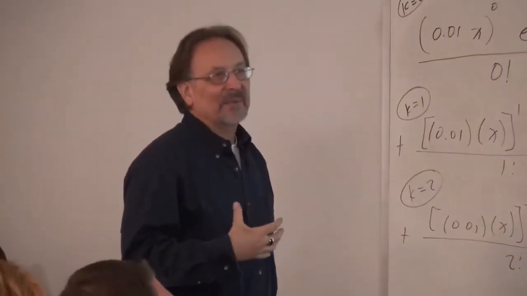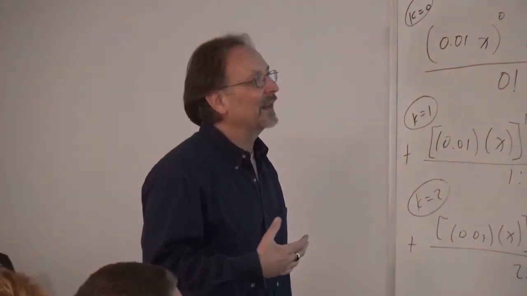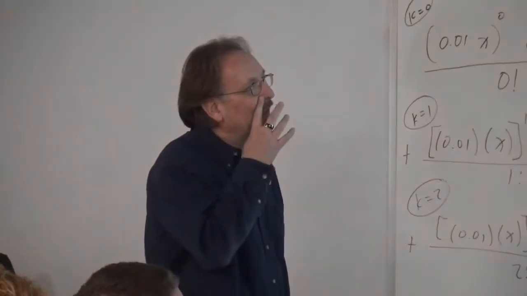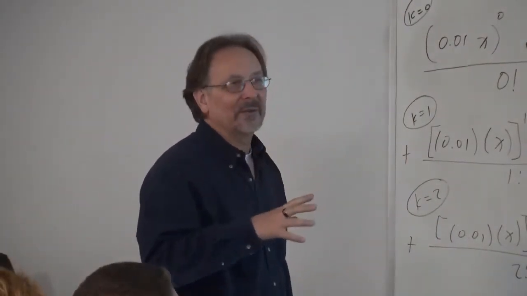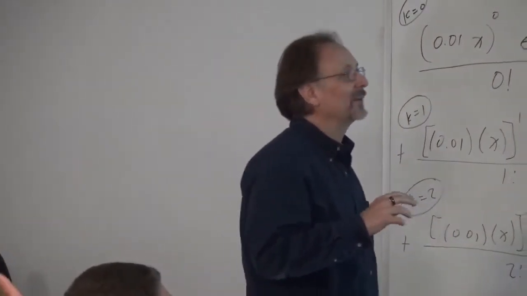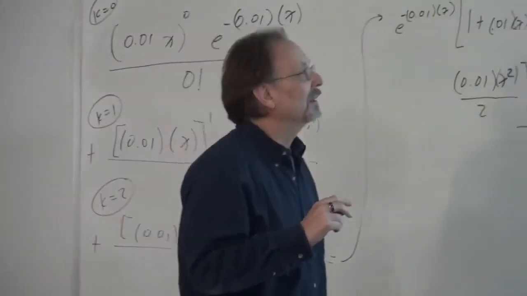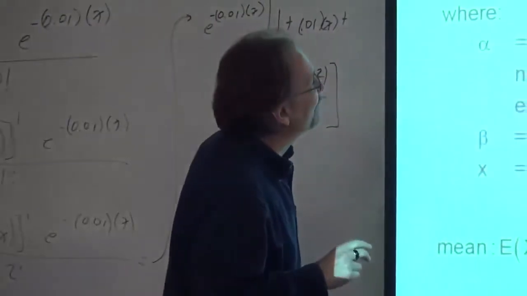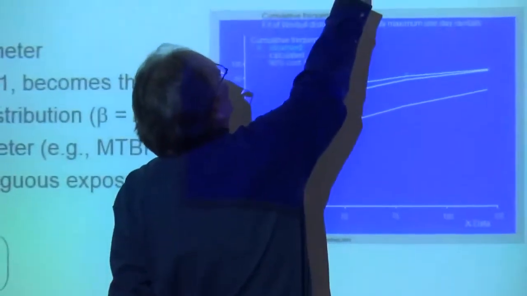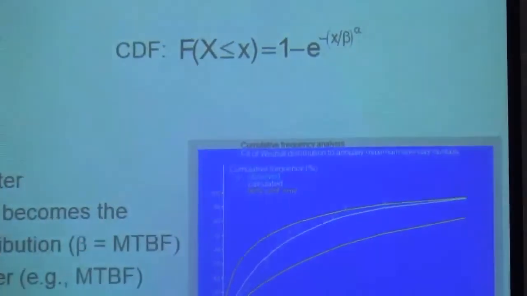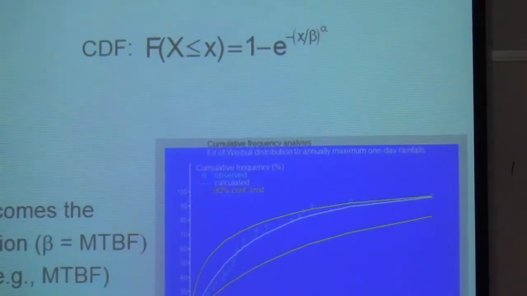And there is experimental data, especially in reliability engineering, that I'm going to show you in a minute, that will give you the appropriate alphas under different circumstances. Here, alpha is the shape parameter, and when that equals 1, and if beta is 1 over lambda, the MTBF, then that becomes the exponential distribution.